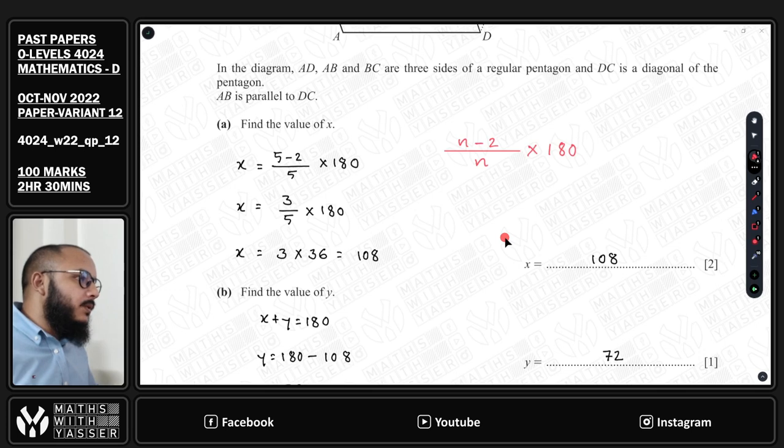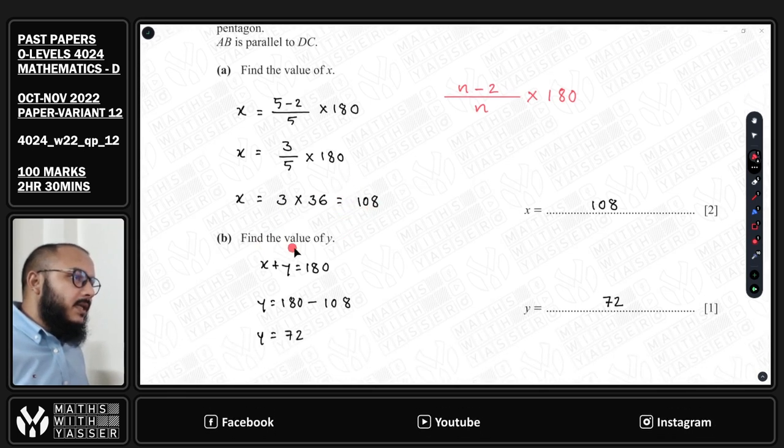And this can only be used if it is a regular pentagon. So there are 5 sides of a pentagon. So 5 minus 2 over 5 times 180 will give me 3 over 5 times 180, which is 3 times 36. So I'll end up getting 108 degrees.